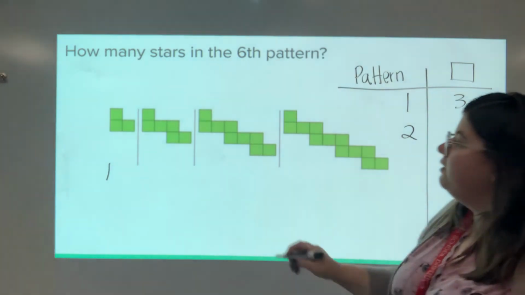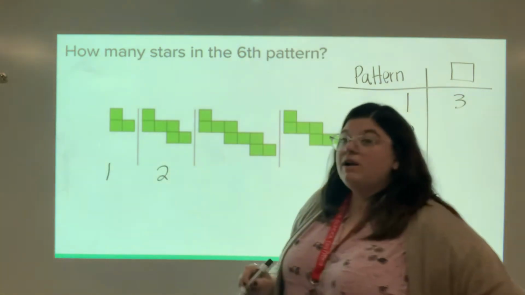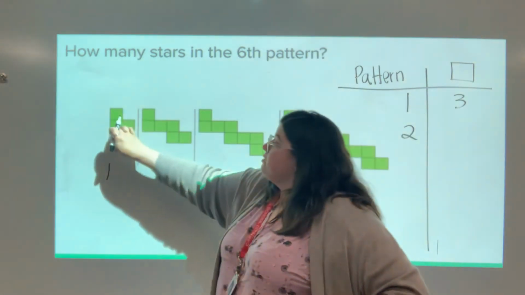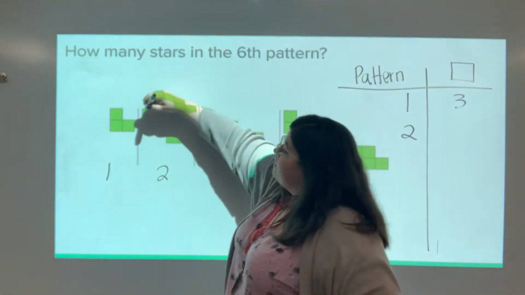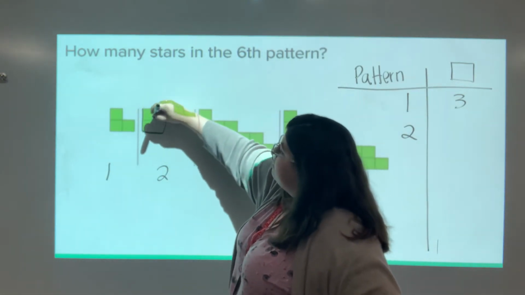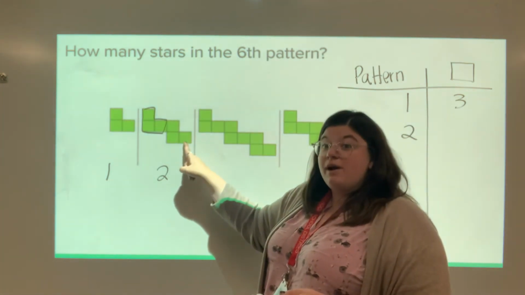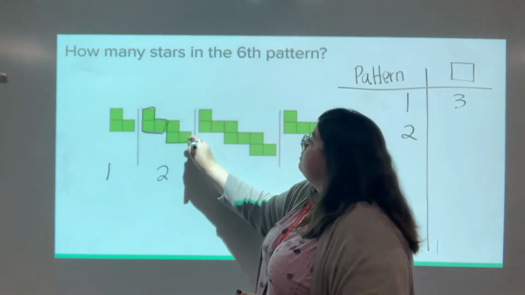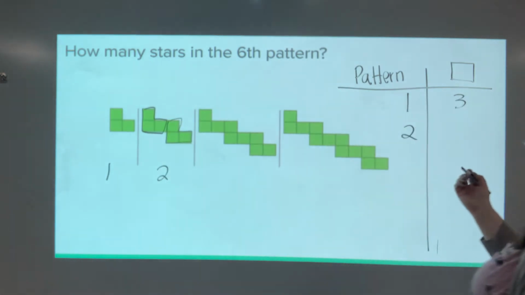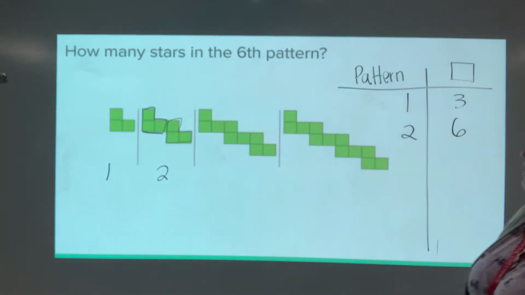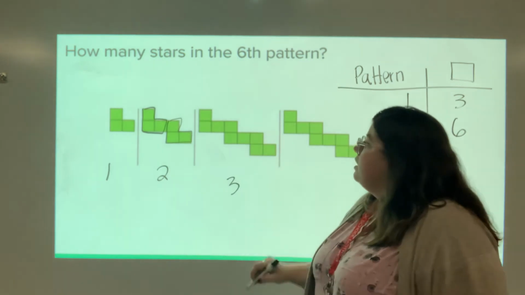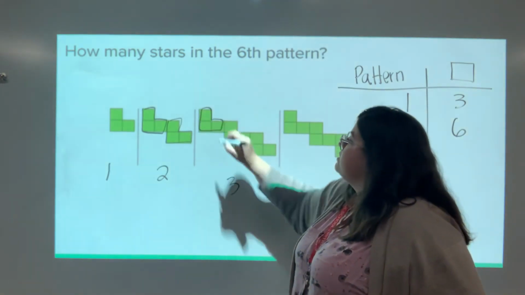In the 2nd pattern, what changed? I've got those original 3 squares, and I can see them right here. But I also added another 3 squares. So in the 2nd pattern, I've got 6. In the 3rd, all right, there's those original 3 squares.